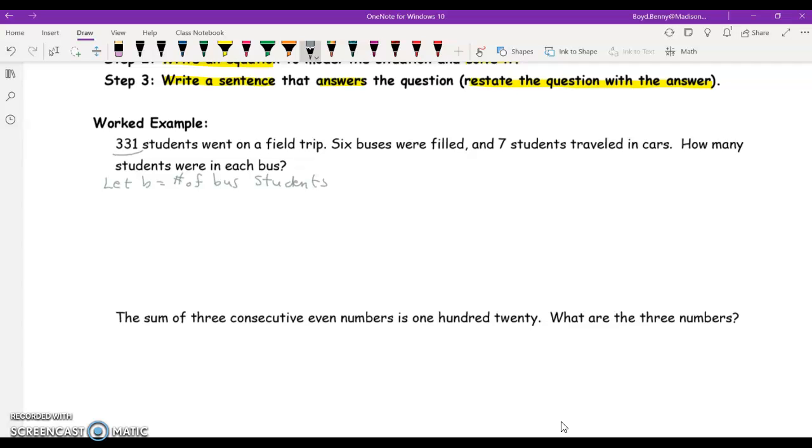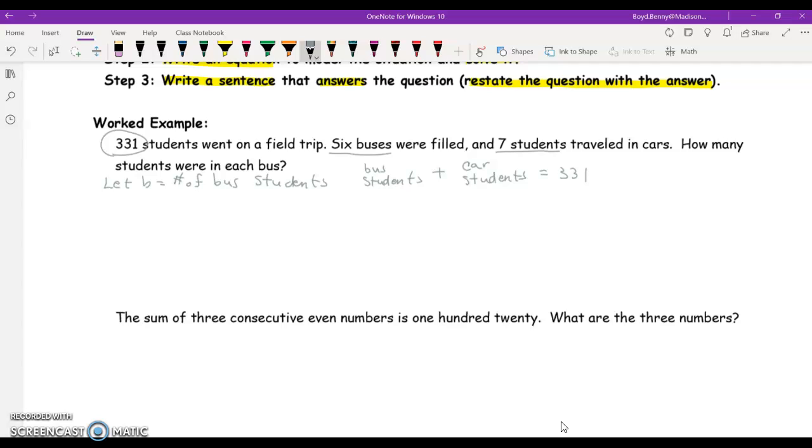Now I also notice that I've got a total of 331 kids. So I've got to ask myself, how did we get that total of 331? Well, we had some bus students plus some car students, because some students traveled by bus and 7 students traveled by car.